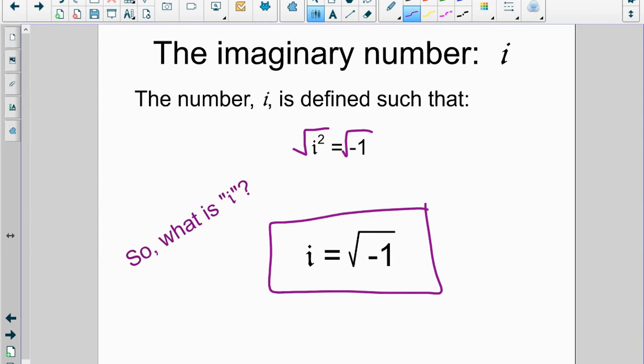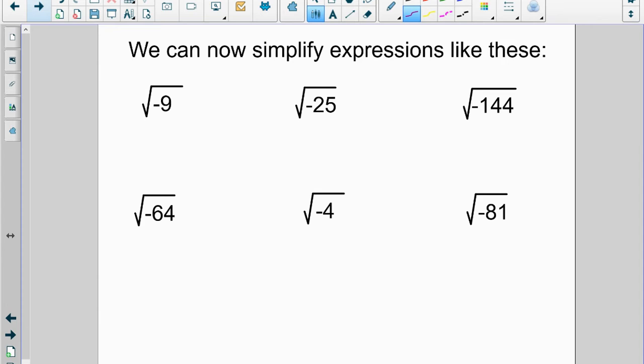So that's helpful because we are able to simplify radicals now that contain a negative number in the radicand. So here are some expressions that we can simplify. In the first row, we have the square root of negative 9. Well, we can actually split that up, like we did earlier in the week.